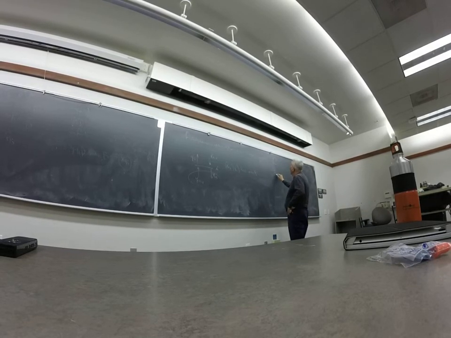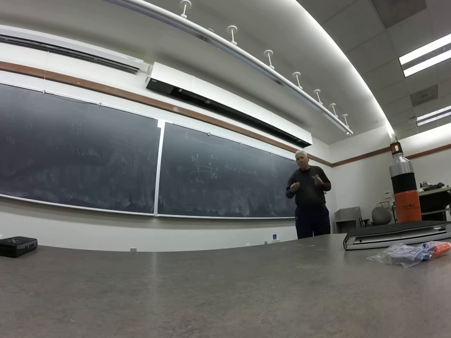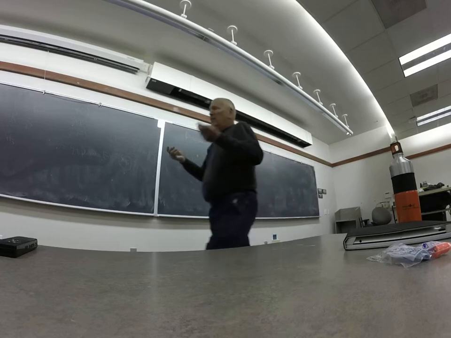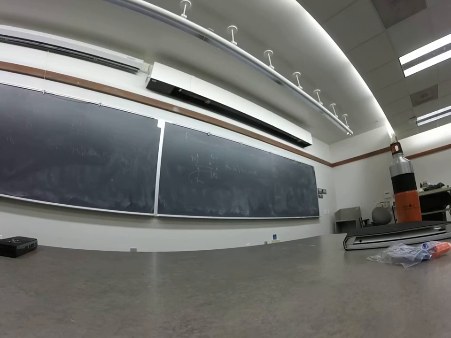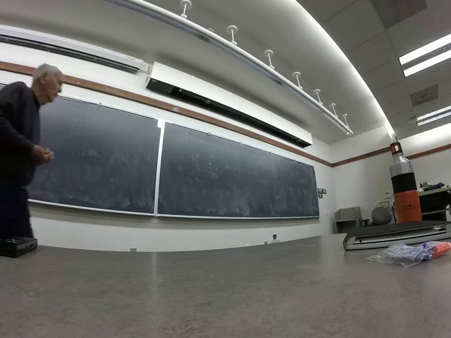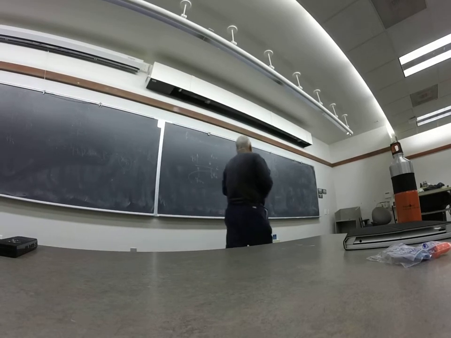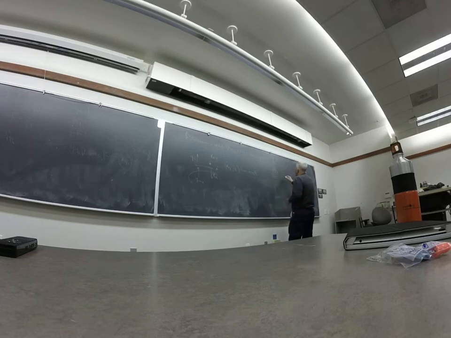The second assumption is that the species I'm trying to separate, like benzene and toluene, are quite similar. And whenever these things are quite similar, what turns out to be true is that the latent heat of vaporization of 1 is approximately the latent heat of vaporization of 2 in mole units.